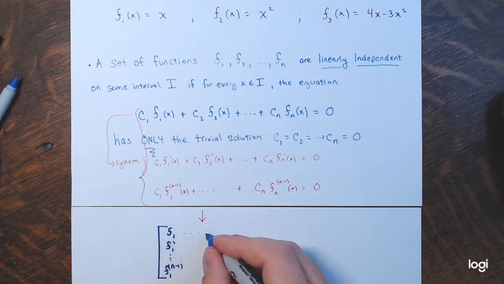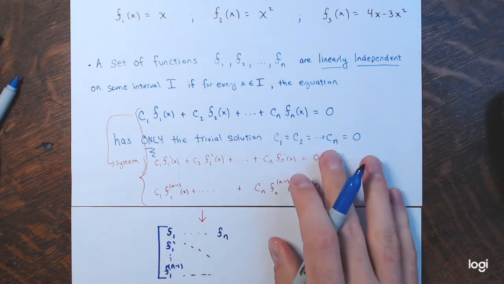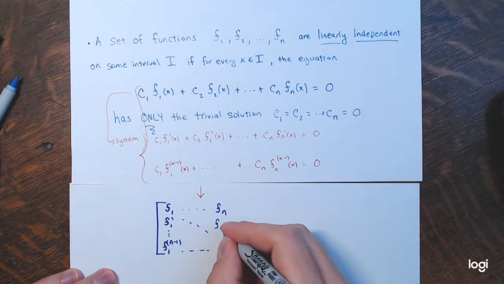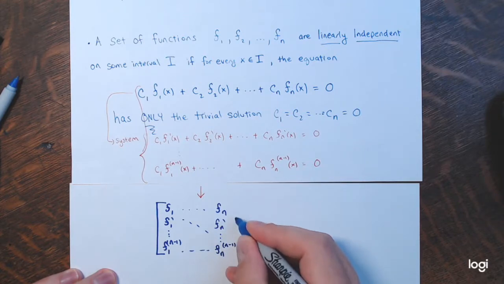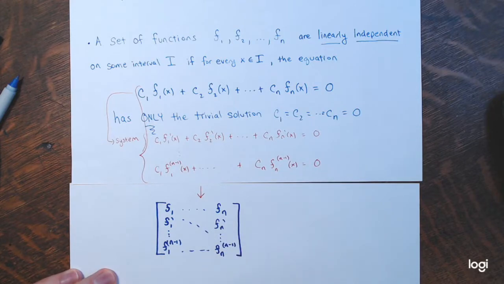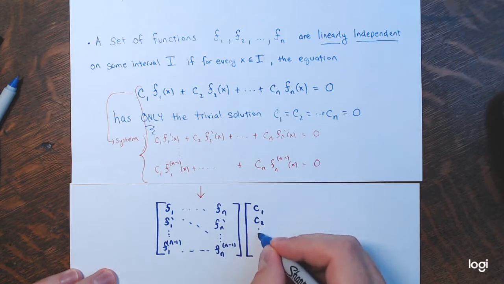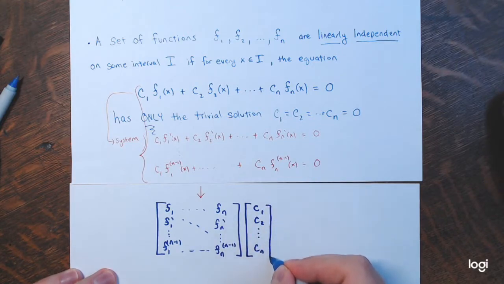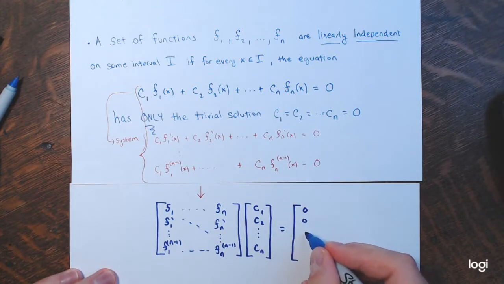And the same would go for all the other functions, all the way up to fn, then fn prime, all the way down to the n minus first derivative of fn. You have this n by n matrix here, times these constants c1, c2, down to cn, and this needs to be equal to the 0 vector with n zeros.